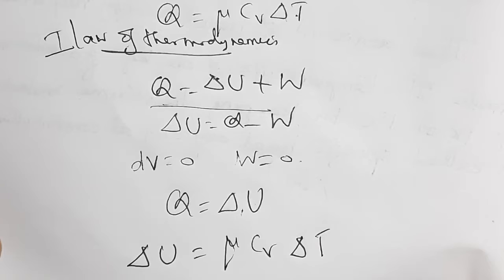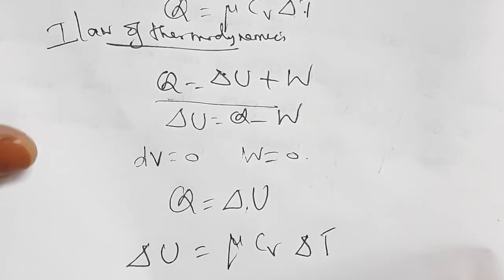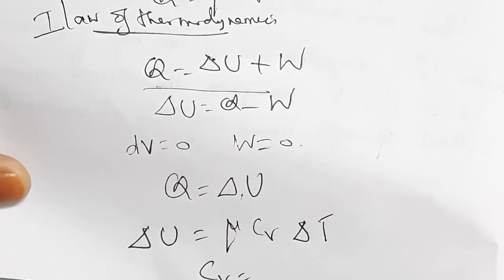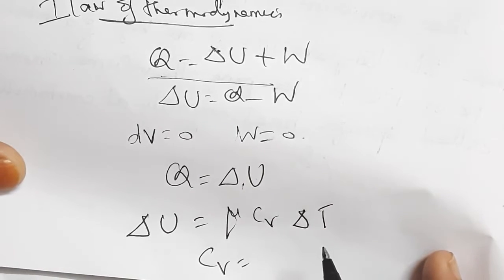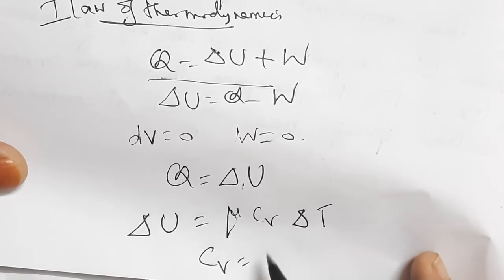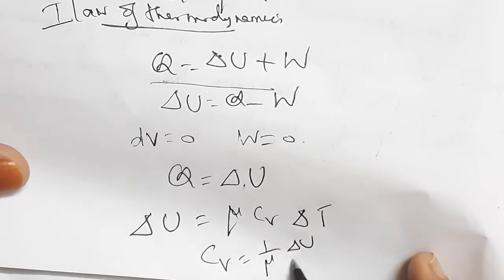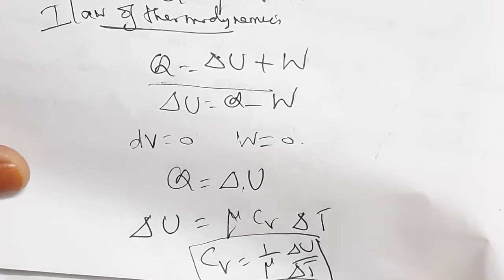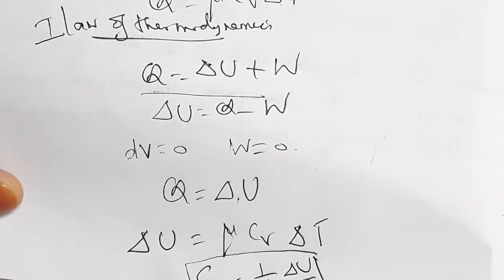From this relation we can write Cv is equal to 1 by mu into delta U by delta T. Understand?